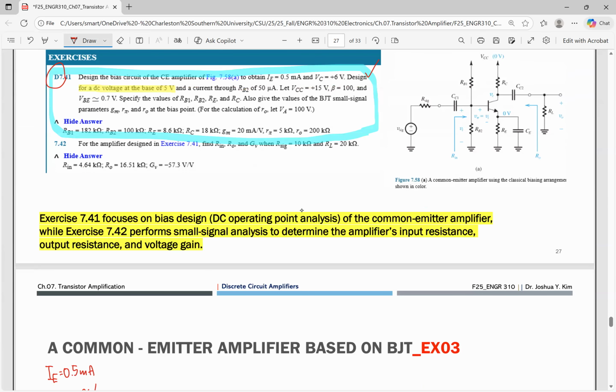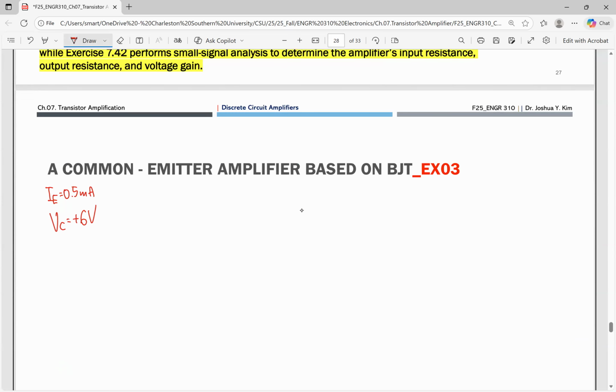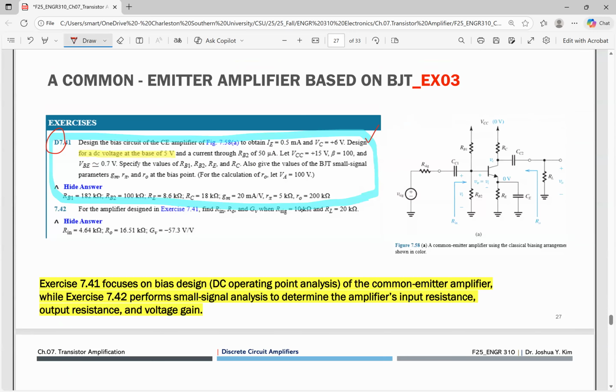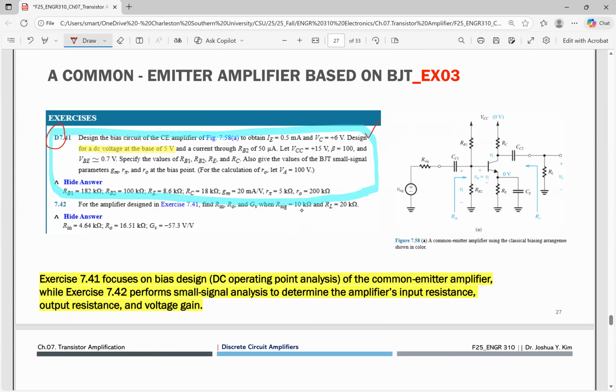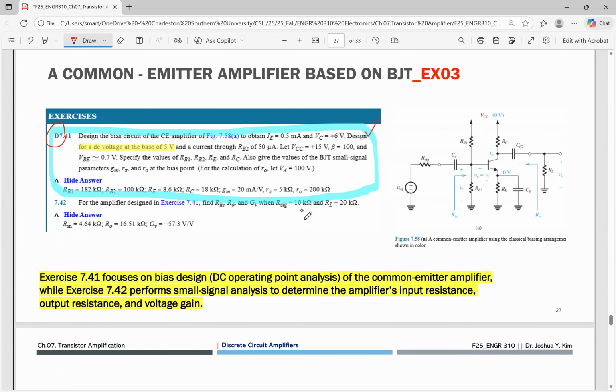We have to design for a DC voltage at the base of 5 volts.